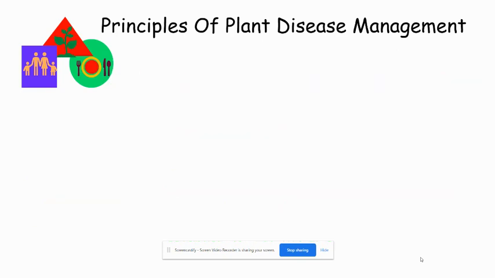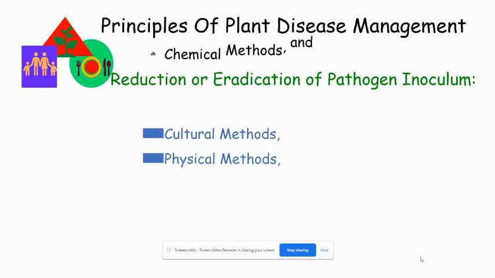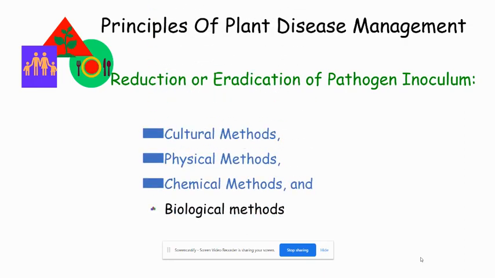This reduction can be maintained by applying some cultural methods, physical methods, using some physical factors like heat or hot water treatment, solar treatment, and also by chemical methods where we use effective fungicides and other chemicals, and the very economically sustainable method, that is the biological method.